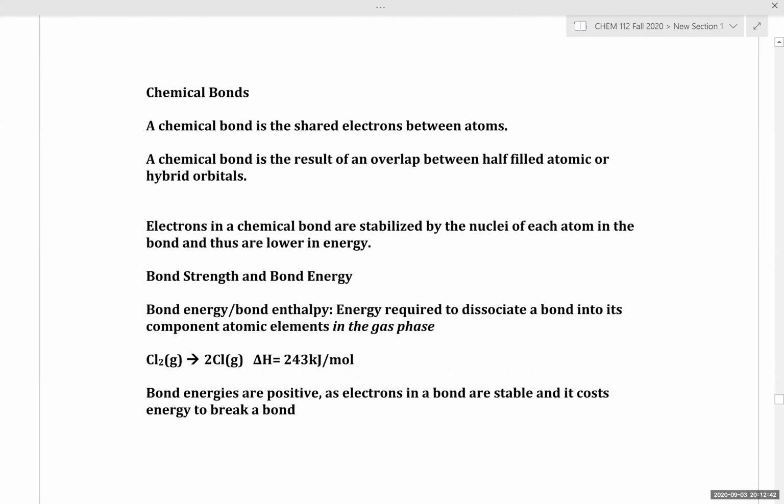So, the last major topic that we're going to discuss in this lecture module has to do with chemical bonds. We're going to talk a little bit about estimating bond length and strength, because in chemical reactions, we're making and breaking bonds, right? So you want to know which bonds are easiest to break, which bonds are strong, which bonds are weak, which bonds are favored to form.